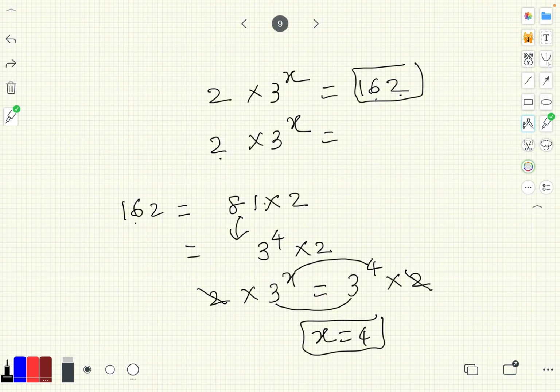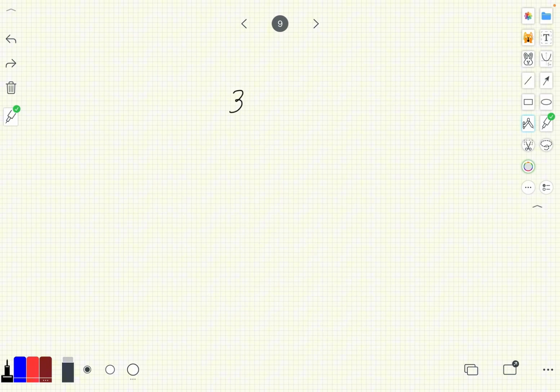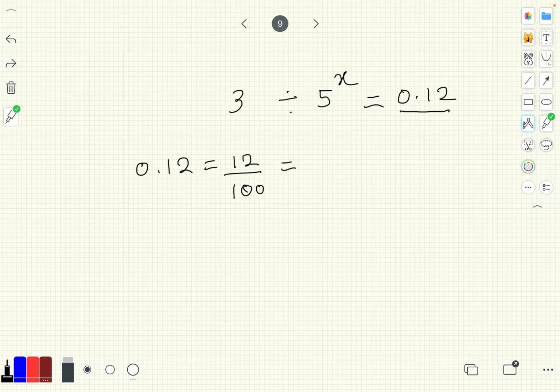Let's see one more example. 3 divided by 5 to the x is equal to 0.12. Now the idea is, this is a little trickier and a little different from the questions we have tried previously. So I'm going to write 0.12 as a fraction, which is 12 over 100.